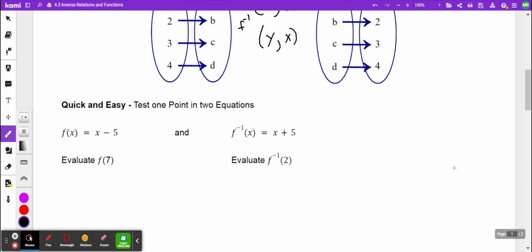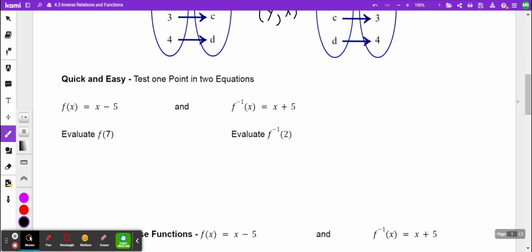So let's do a quick and easy test right now. Let's prove these are inverses. The input of one will be the output of the other one. So f of 7 will equal 7 minus 5 if f of x equals x minus 5. Well, we see that f of 7 is equal to 2.